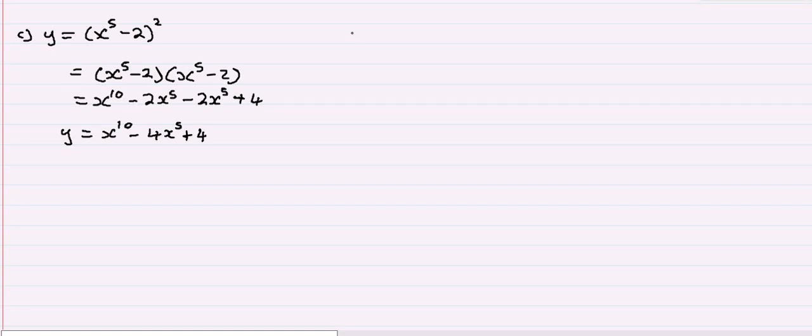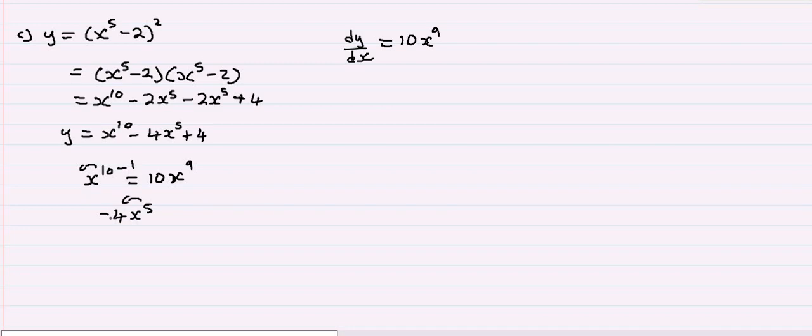Then when we need the derivative, dy/dx will be the same as, what is the derivative of x¹⁰? We multiply the coefficient of x with 10, which becomes 10x, then we subtract 1 from the exponent, so it is 10x⁹. What is the derivative of −4x⁵?